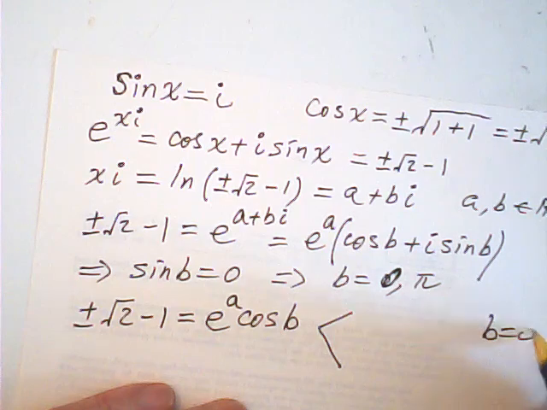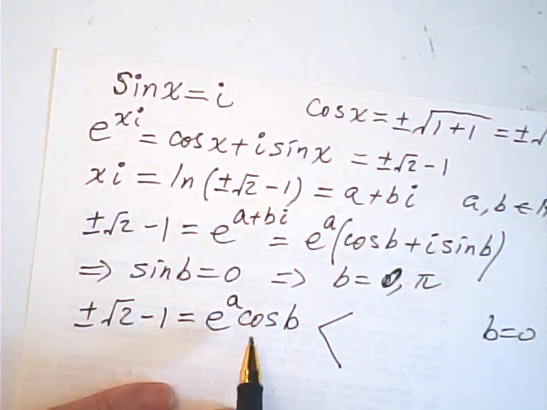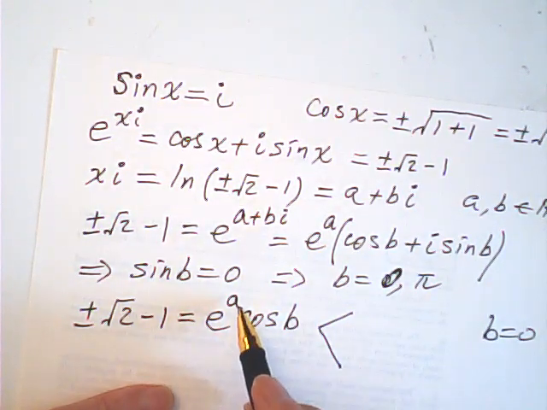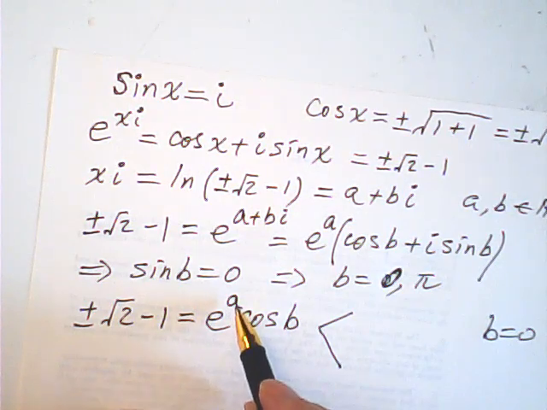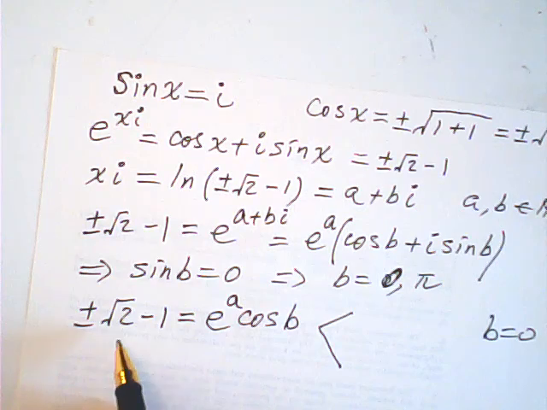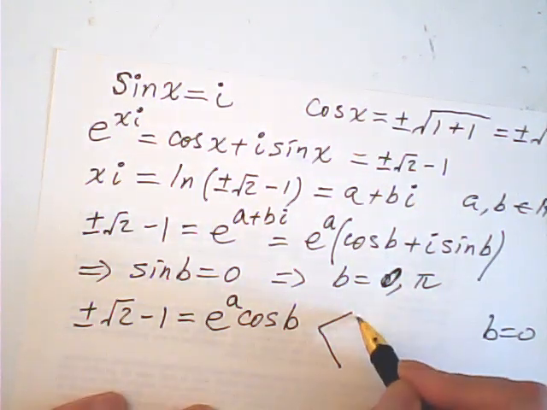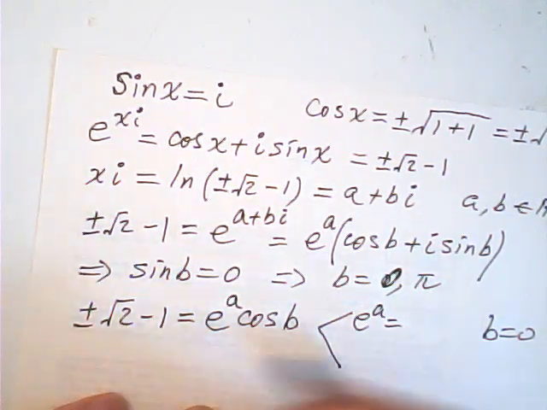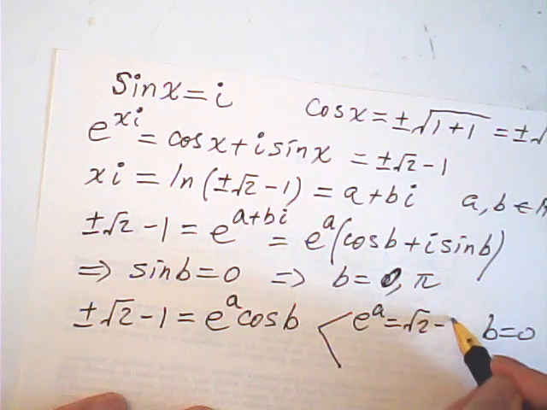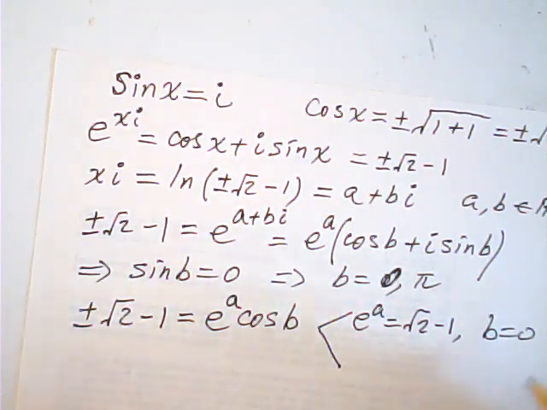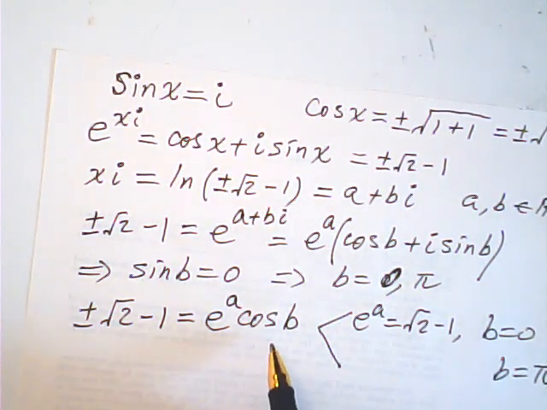When b is 0, this is positive because e to the a is positive. A is a real number. This is always positive. So therefore e to the a must be positive. This is root 2 minus 1, right? The other case, when b is pi, cosine b is negative 1.